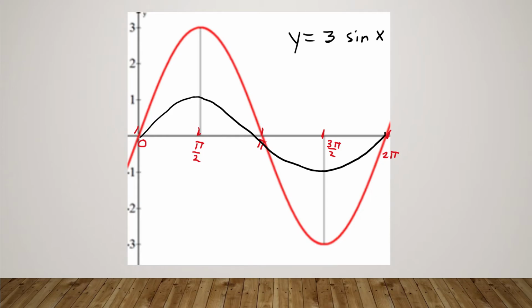And so now we have stretched that because of this 3. The graph goes all the way up to 3 and all the way down to -3. Okay, notice that your x-intercepts stay the same. So first, third, and fifth points don't change, but your amplitude does. Okay, so we can have that kind of change.